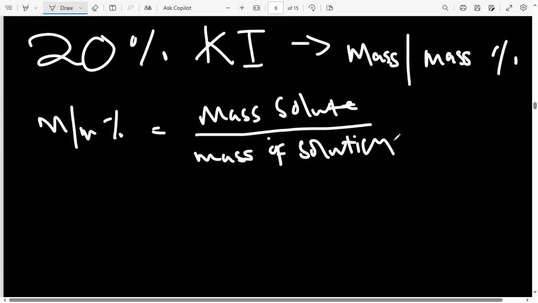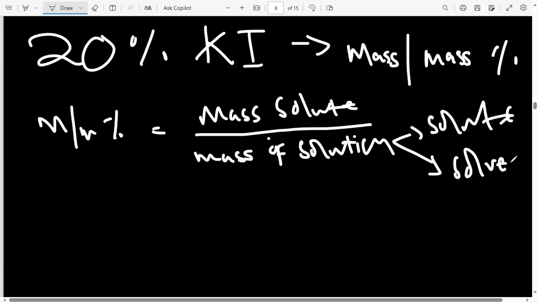Now this solution here is made up of two things. It is made up of the solute, and it's made up of the what? Solvent. This solvent is just water. And this solute here is this potassium iodide, or whatever you'll be given here.